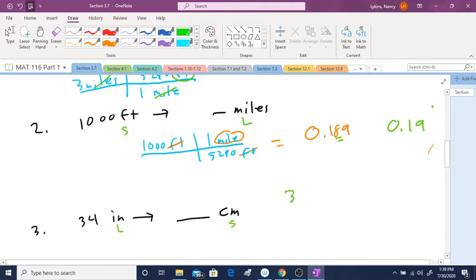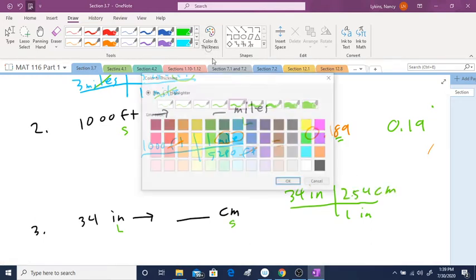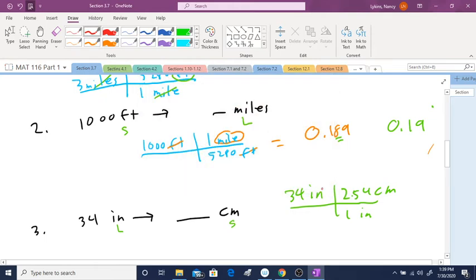So I'm going to have 34 inches, then I'm going to say 1 inch equals 2.54 centimeters. My inches cancel. This is the unit we're looking for. So if you multiply these out, you should get 86.36.